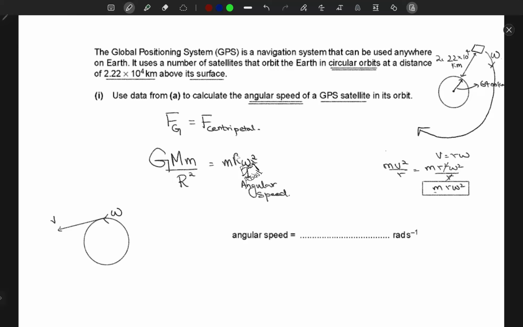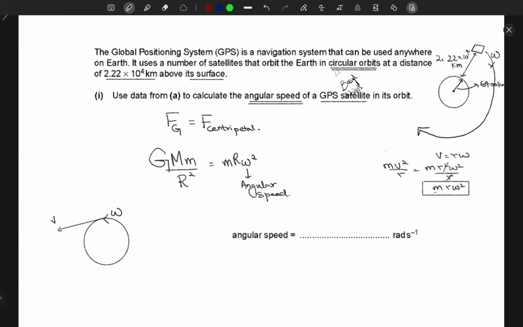Now, on the right-hand side, we can say that really this gravitational force is the cause of the centripetal force on this satellite. So this force of attraction is causing this satellite to remain in this circular orbit around the Earth.